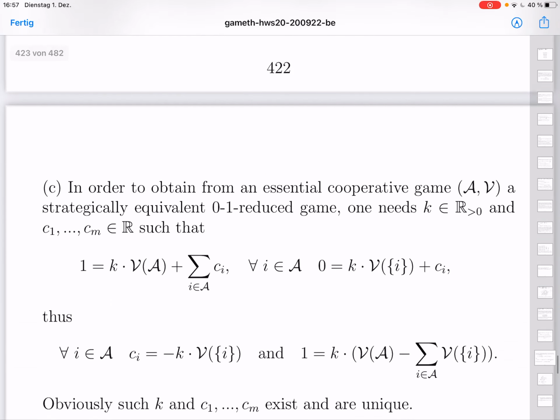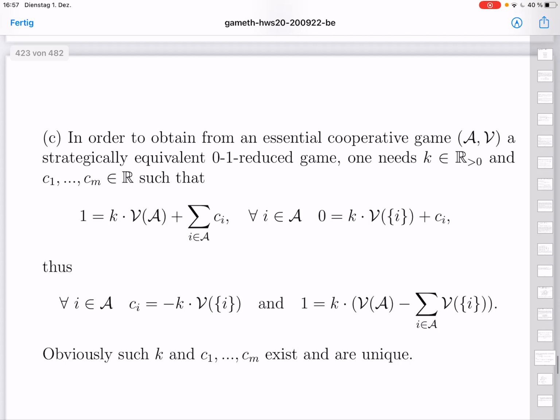Now we come to part C. Part C claims that within one strategic equivalence class of essential games, one has exactly one 0-1 reduced game. So I start with an essential cooperative game, and I want to find constants k and C1 to Cm such that the new game which I construct from this is 0-1 reduced.